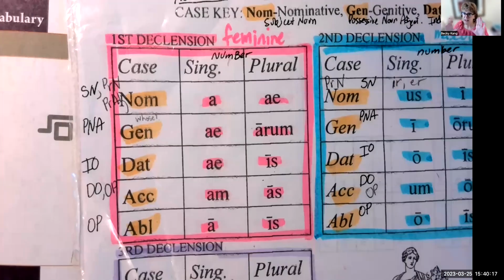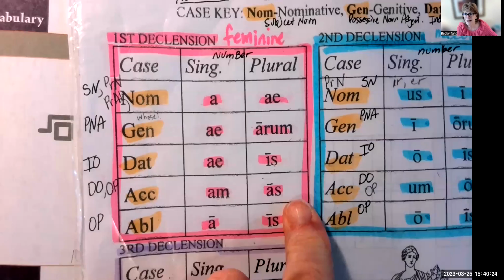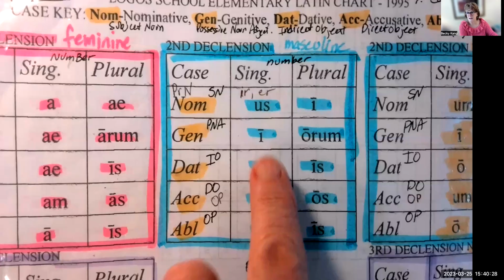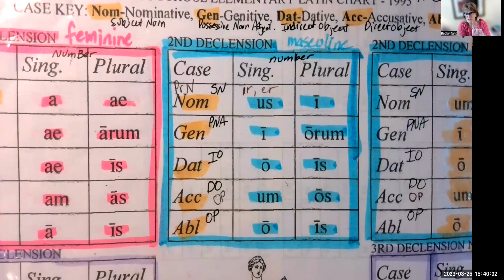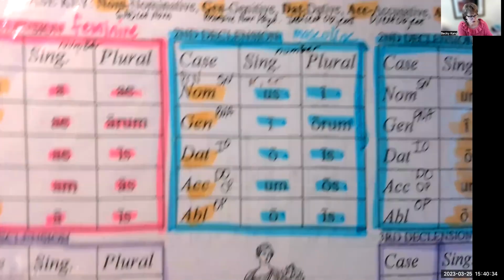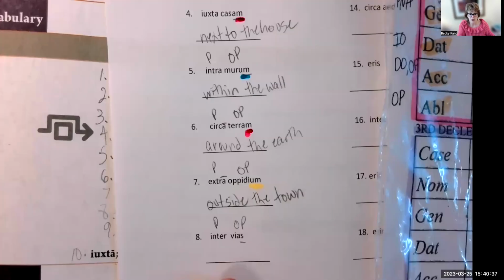So it's a first declension. So why do I have you ask that first question? What declension is it? So that you can take your eyes to only 10 endings, not 30. I mean, these, and these. But let's just narrow it down to 10. Can we do that? So ask that first question. What declension is viam?